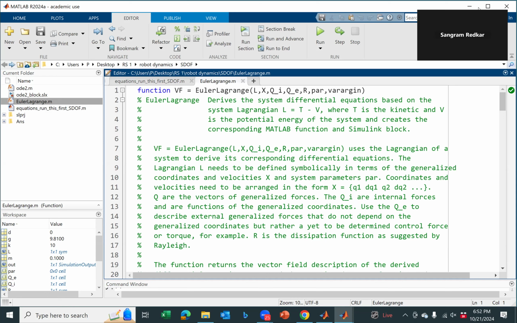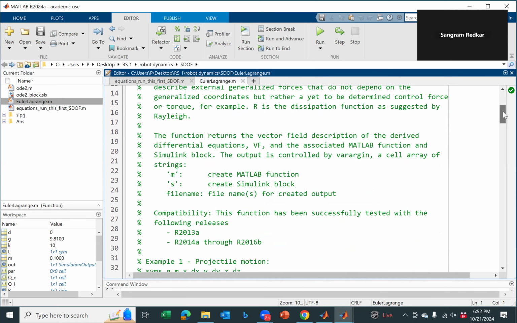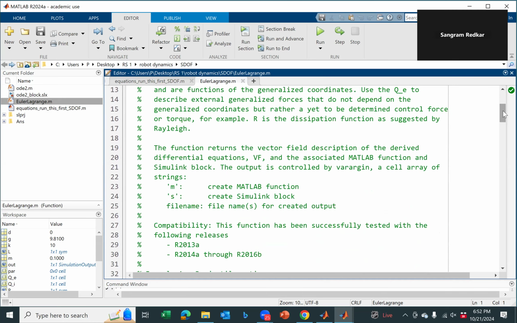And then substitute the expression for kinetic energy, substitute the expression for potential energy, and then this function will do the rest. Now, if you go through this help, it gives you a very good help, but this function is quite powerful.